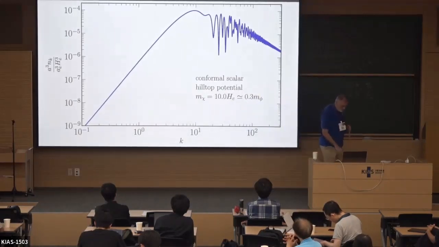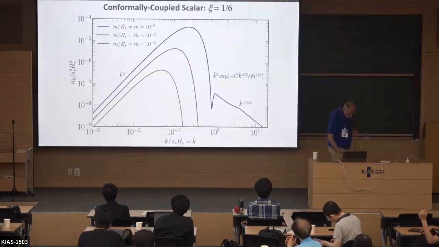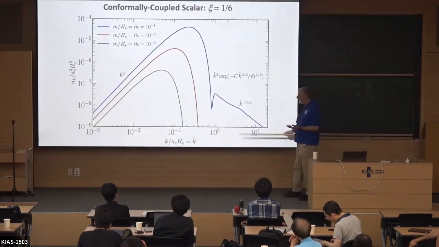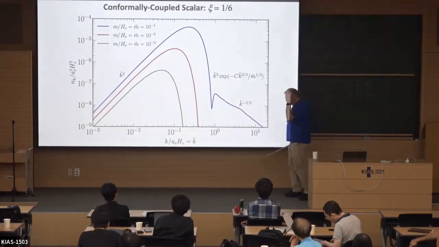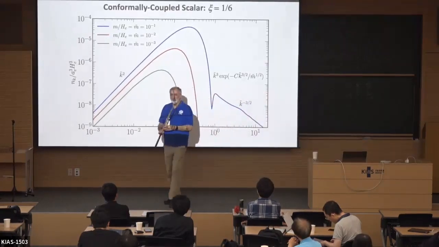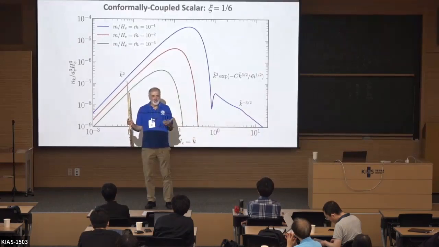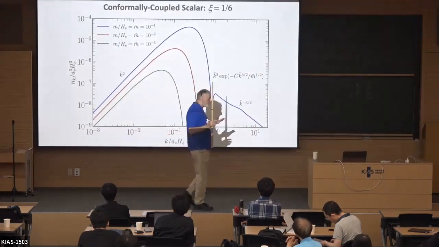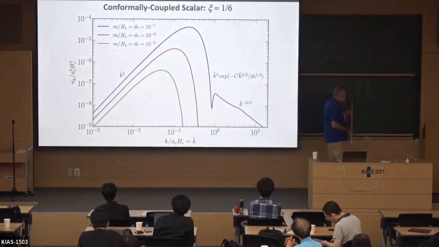So just to tell you, I had written this code to calculate n sub k, and I saw these oscillations, and I spent months asking what's wrong with the code. It's giving these oscillations. I expected it to be k to the minus 3/2. Why are these oscillations there?